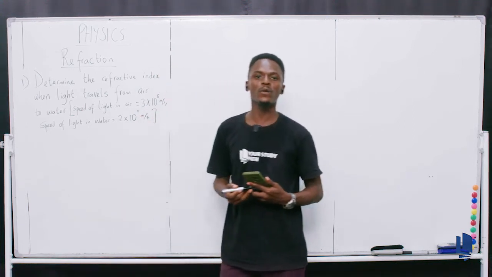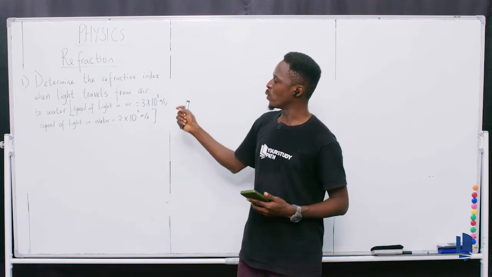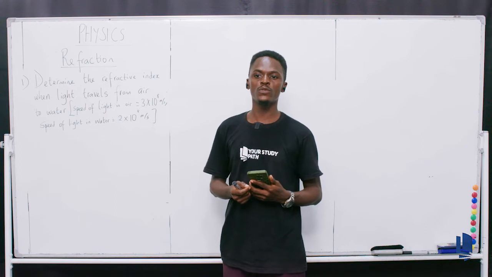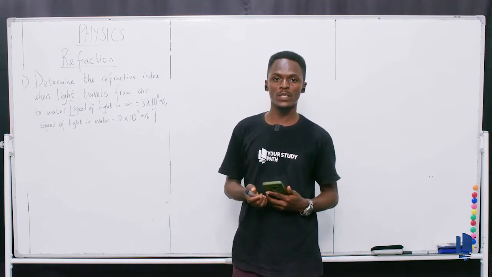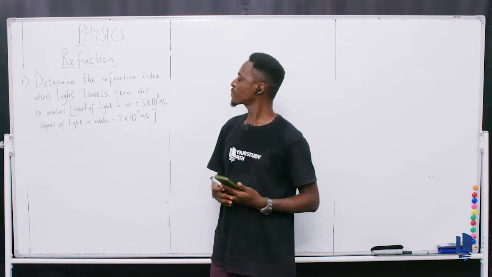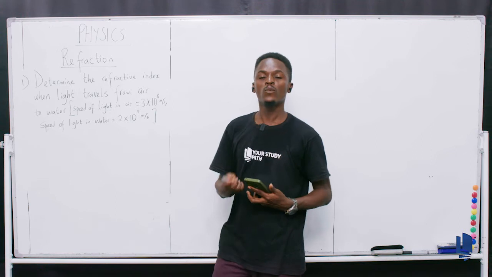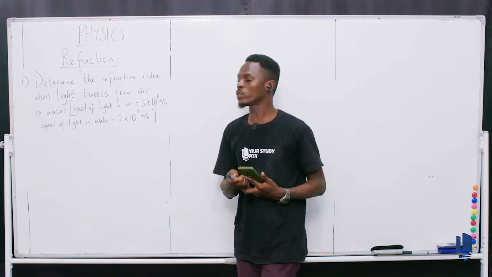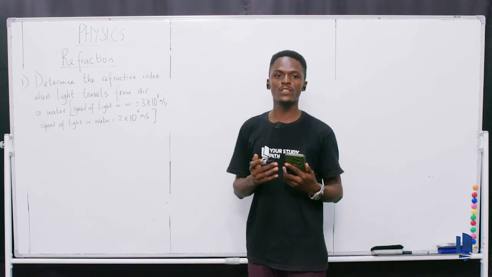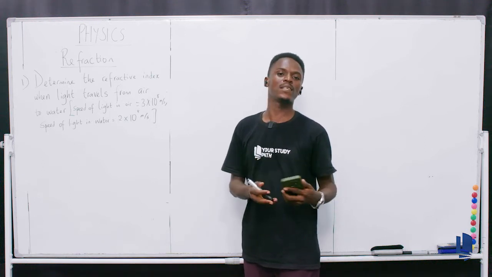Given something as easy and simple as this in your JAMB examination, we want to put into use the formula we had from last week. Looking at it, we're given the speed of light in air, also given the speed of light in water. Don't forget, we made emphasis on the fact that whenever you're making reference to air and water in this case, you are working with the three states of matter.